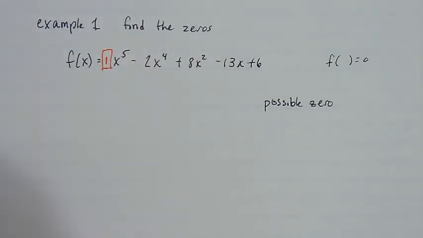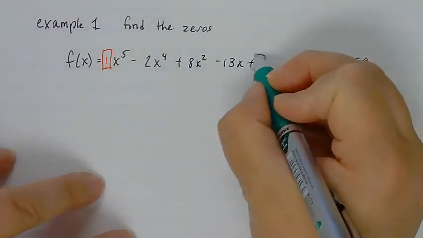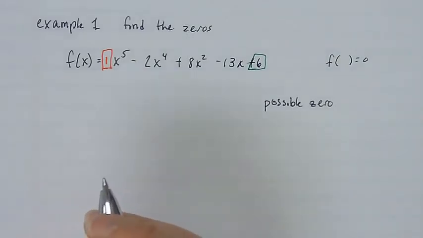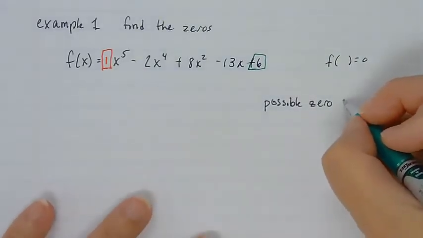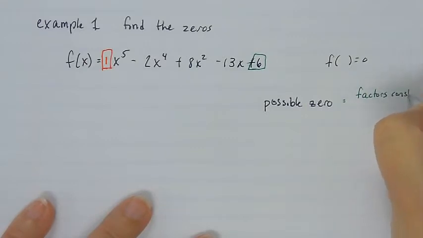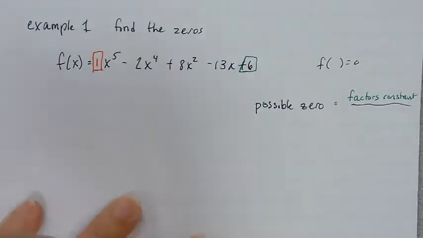And then I'm going to look at the constant term. The constant term is the one that does not have an x. So I've got to think about the factors of my constant term, divided by the factors of my leading coefficient.